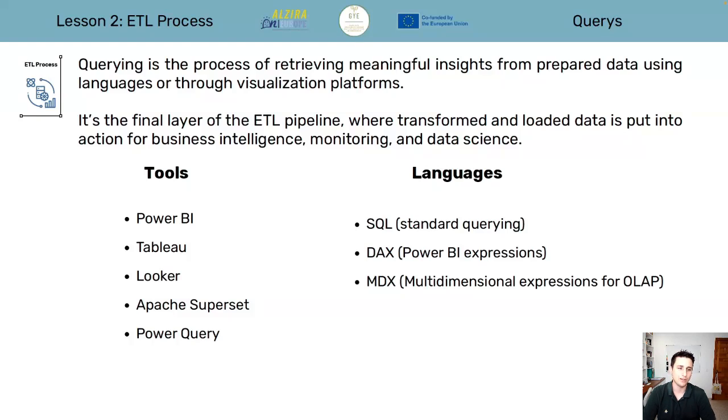We have transformed the data, we have loaded it, and with the query, it's where we start acting for data science, business intelligence, or monitoring parameters. Okay, so tools that we can use are Power BI, Tableau, Qlik, Looker, Apache Superset, and other tools.